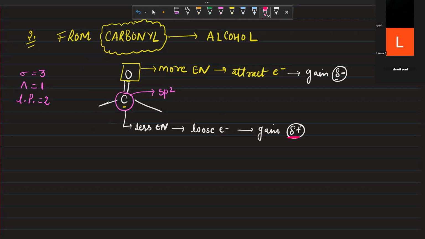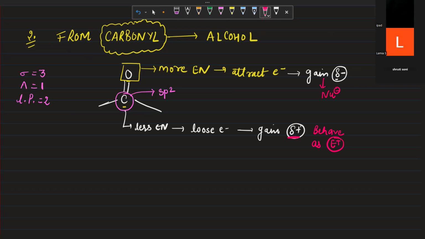Great. So this is the basic thing about carbonyl up to now.